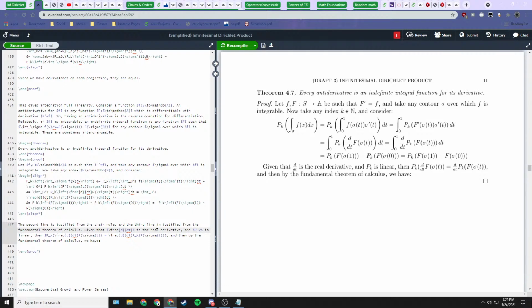Given that this ddt is the real derivative, p sub k is, hold on, we already have this.